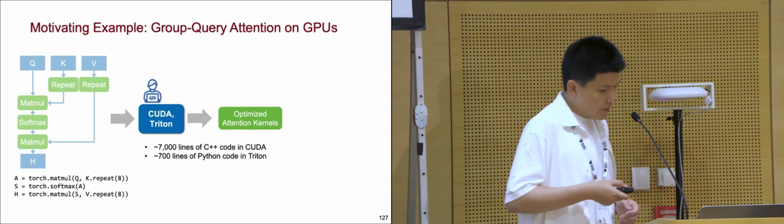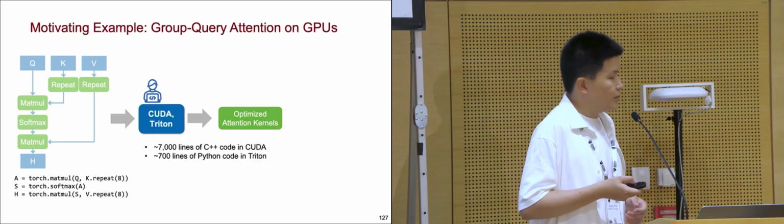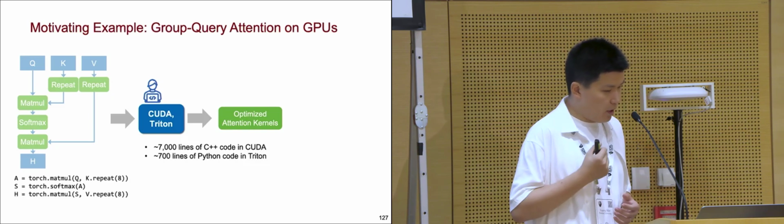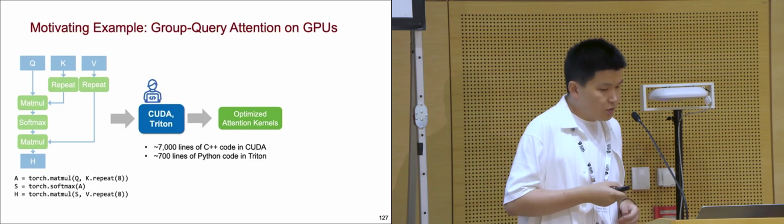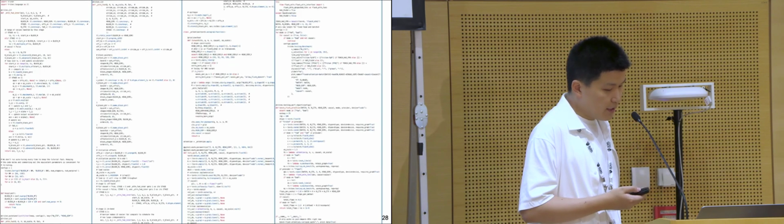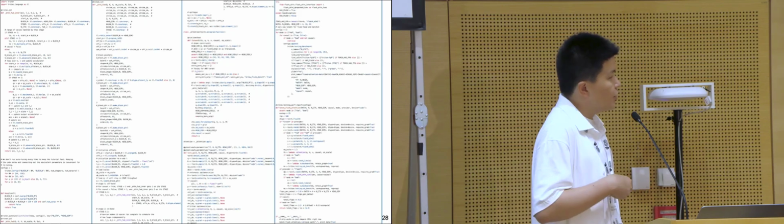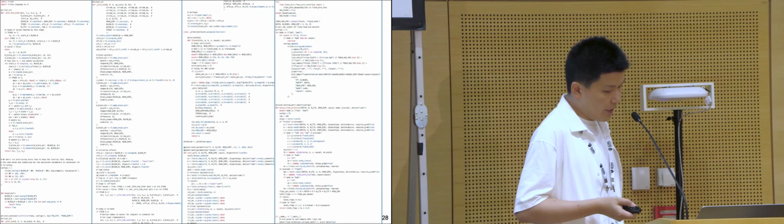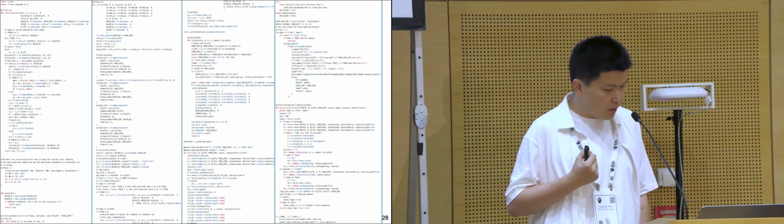We will use grouped query attention as a motivating example to introduce our work Mirage. Grouped query attention has been widely used by recent language models to reduce the KV cache overhead by allowing each key and value head to be shared across multiple query heads. This grouped query attention can be expressed in a few lines of PyTorch code.